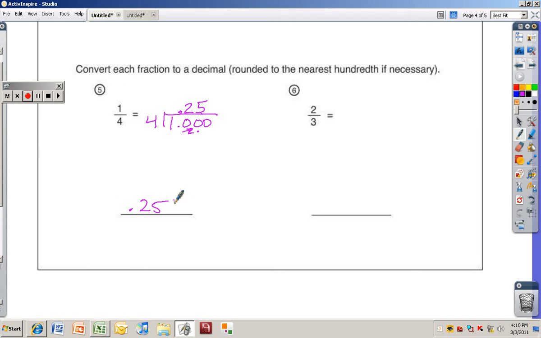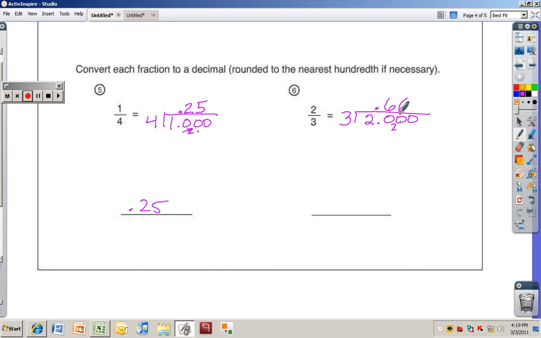Okay, 2/3. What number goes on the outside? 3. Good. Inside? 2. 2.000. Decimal point straight up. 3 goes into 20 how many times? 6. Hey, good job. 6 times 3 is? 18. Left over? 2. 3 goes into 20 how many times? 6. You see what's happening?